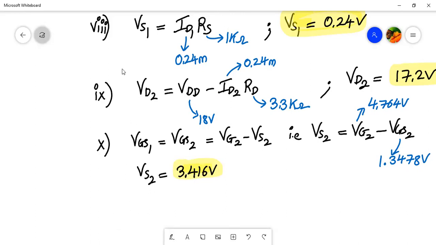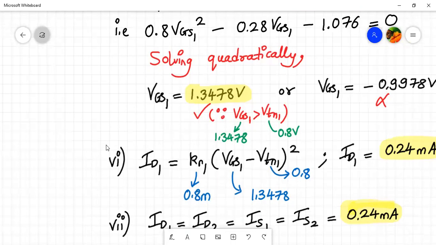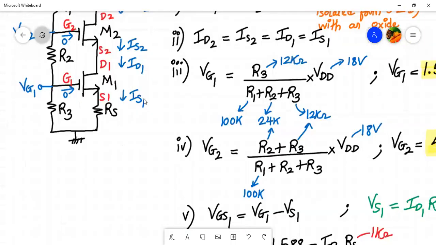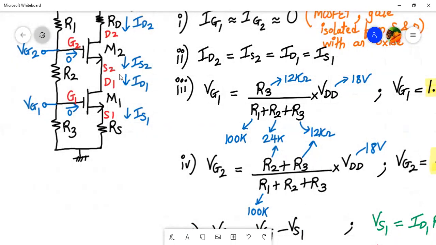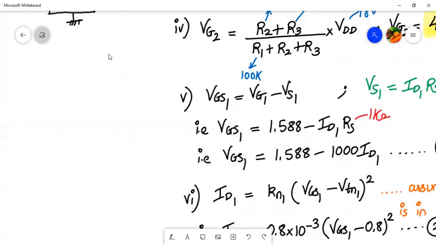Now let's again look back at the diagram, the DC equivalent circuit. If you see carefully in this diagram, your source 2 and drain 1 are connected together. So VS2 voltage will be equal to VD1, right? So let's write that down.